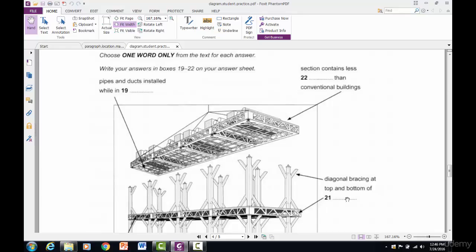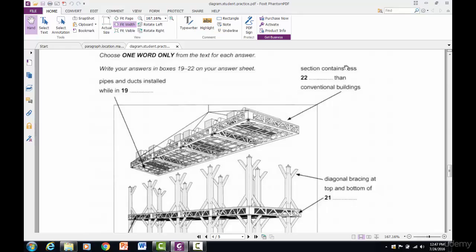So you see it's reversed, and you have to be aware of that. Here, the correct answer is, of course, top and bottom of column. However, in the passage, the way it's written is there's a column at each end. Right? There's a column at the top and the bottom. So the word order is reversed. And so it's important to be aware that it does not have to come in the exact same word order that is written.